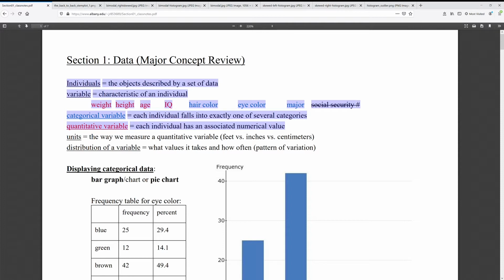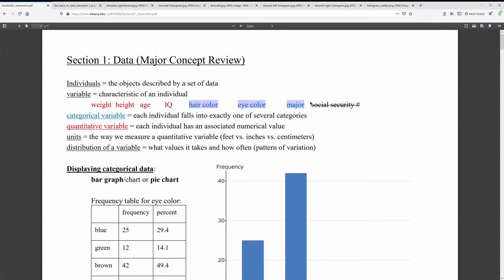The bottom line is that we treat sets of numbers very differently than we treat where every individual falls into exactly one category. They are two very different forms of analysis. So don't worry about whether some variable in some cosmic sense is one or the other. There's always going to be gray area.